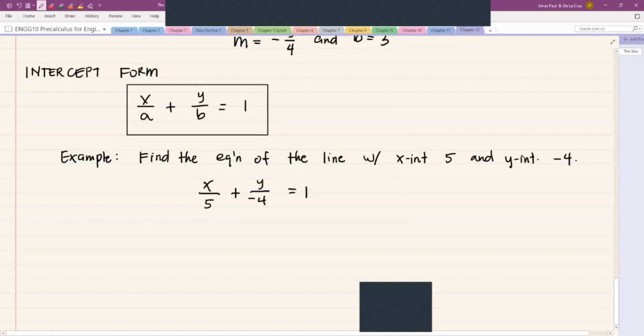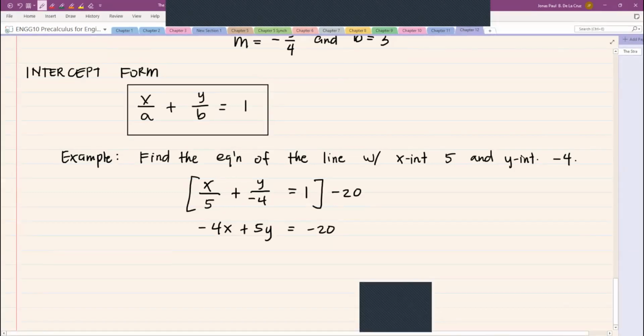And then manipulate lang natin to come up with the general form. Multiply natin ito ng least common denominator natin na negative 20. So we have negative 4x plus 5y is equal to negative 20. Kailangan kasing positive itong x para naka-general form siya.